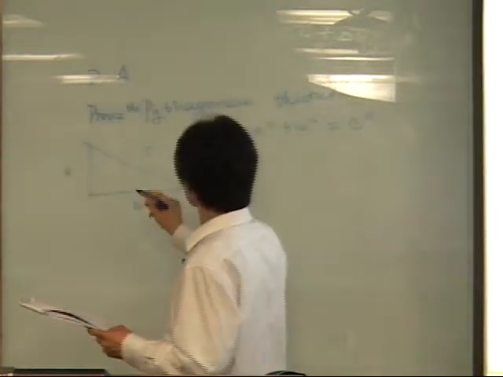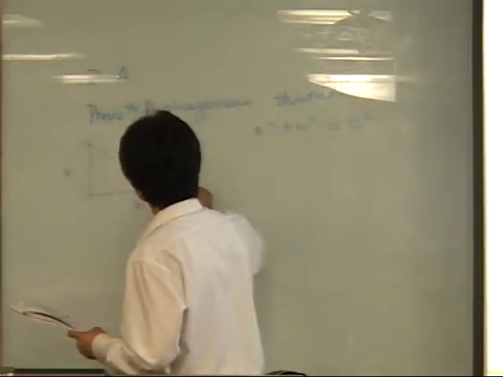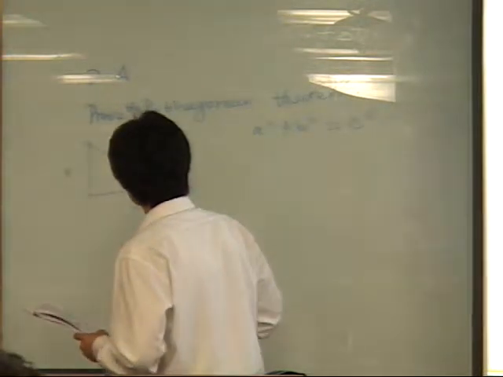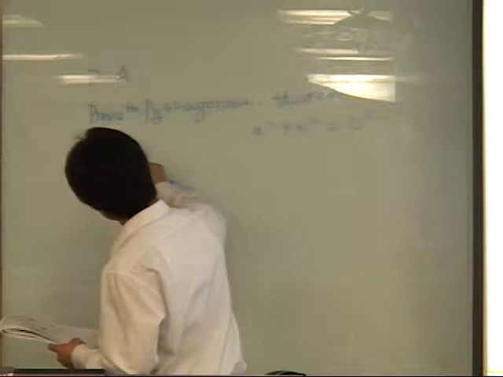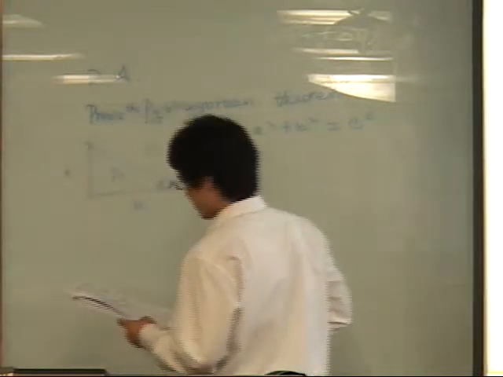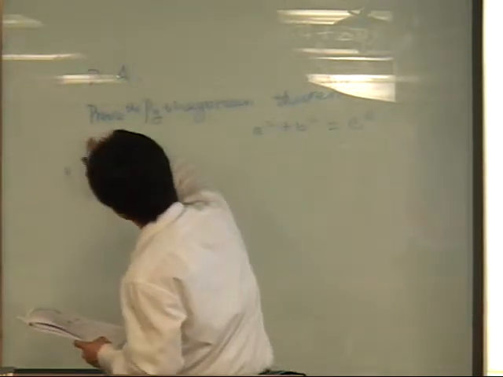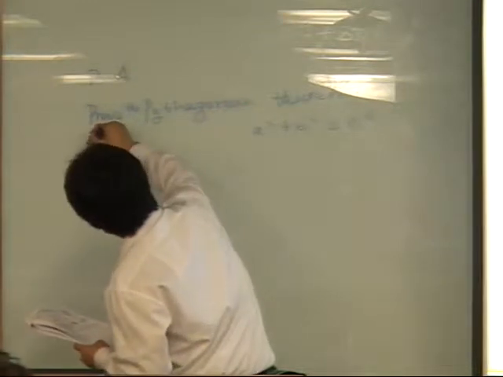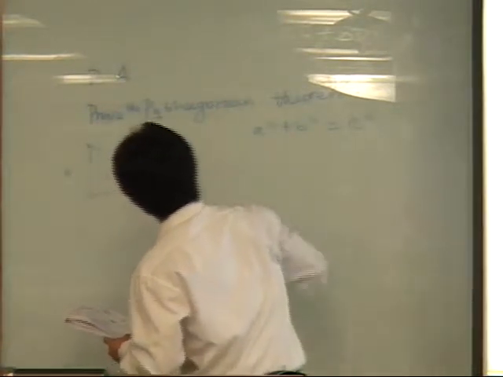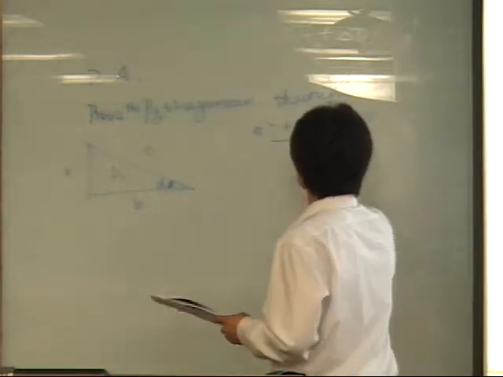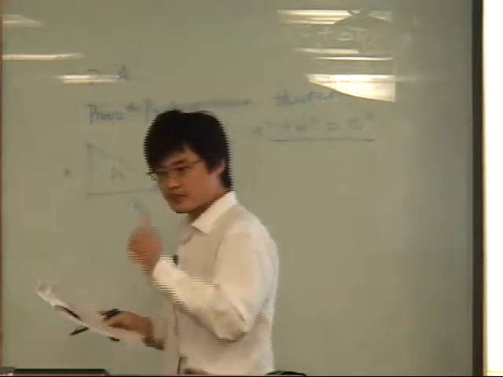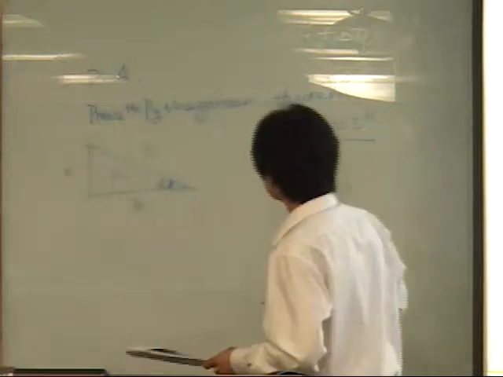So the knowns are this angle, alpha, the area of this triangle, and the length of this long side, C. A and B. So we're going to prove this using dimensional analysis.